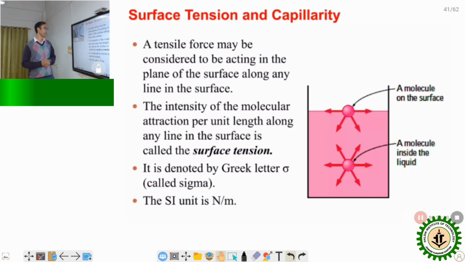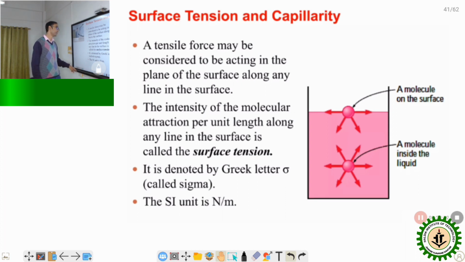The intensity of molecular attraction per unit length along any line in the surface is called surface tension. Molecules attract other molecules, so objects can float on the surface. It is denoted by the Greek letter sigma, and its SI unit is Newton per meter.